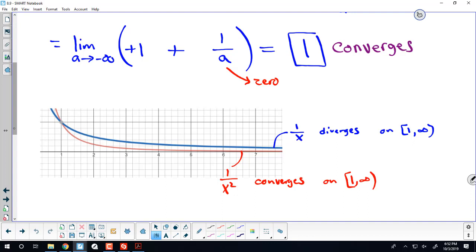Even here at 5, it's less than half of what you would have below the curve for 1 over x. So for now, that's really the only context we have: how fast is that function decreasing?